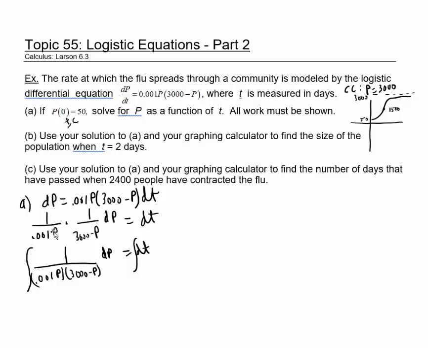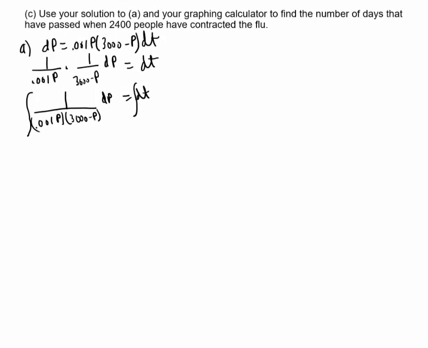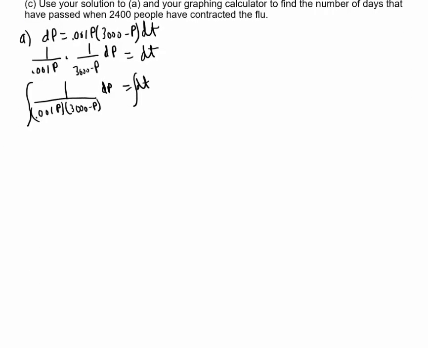Let me go ahead and scroll down a little bit. All right, so how do I integrate this mess? Well, I have two things that are factored out, so like we did in topic 46, we're going to do this by partial fractions. I'm going to do A over 0.001 P plus B over (3000 minus P), and that's going to be equal to the top, which in this case is 1.